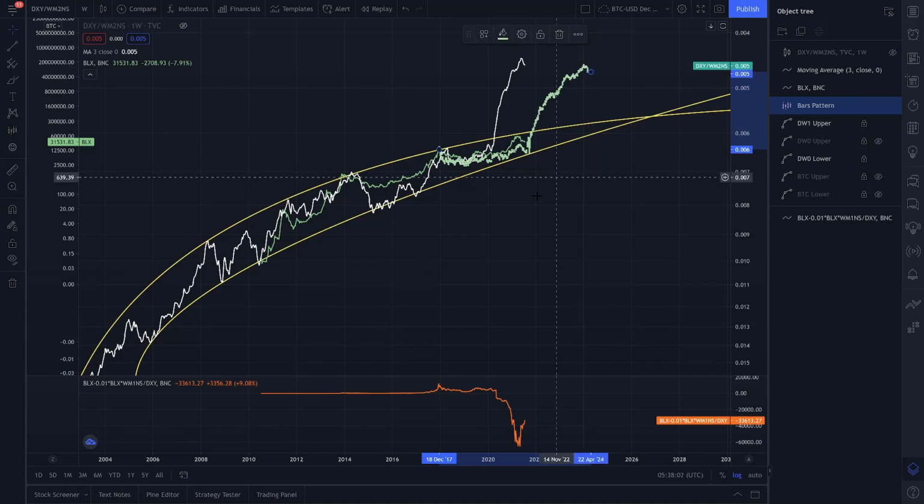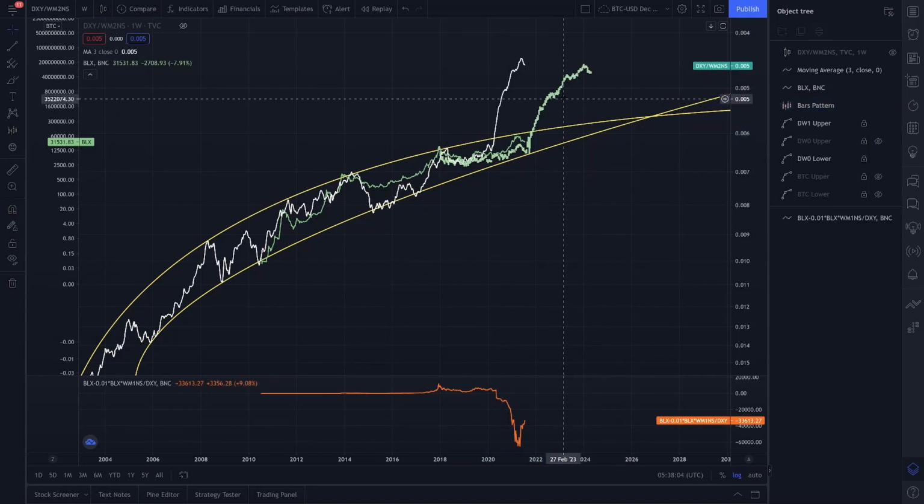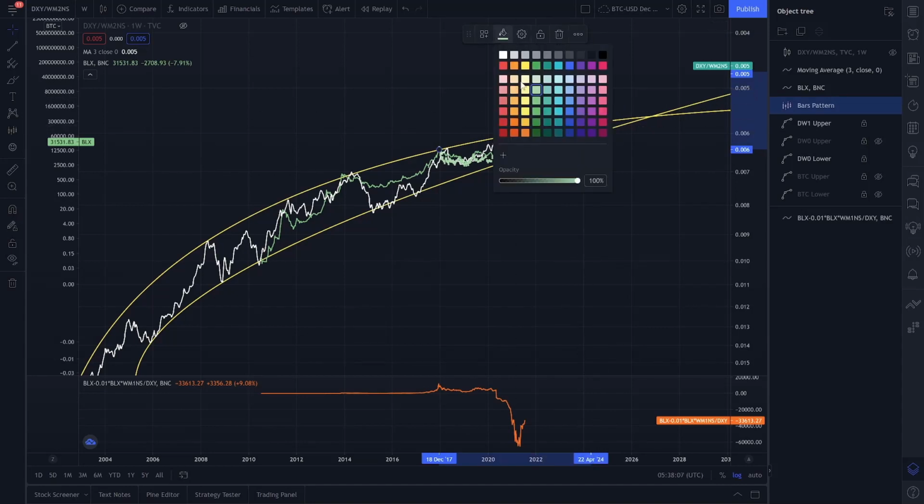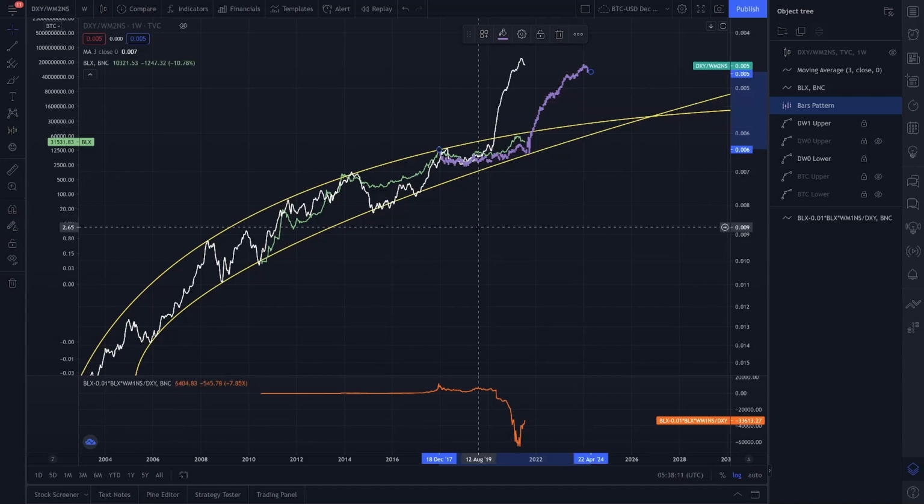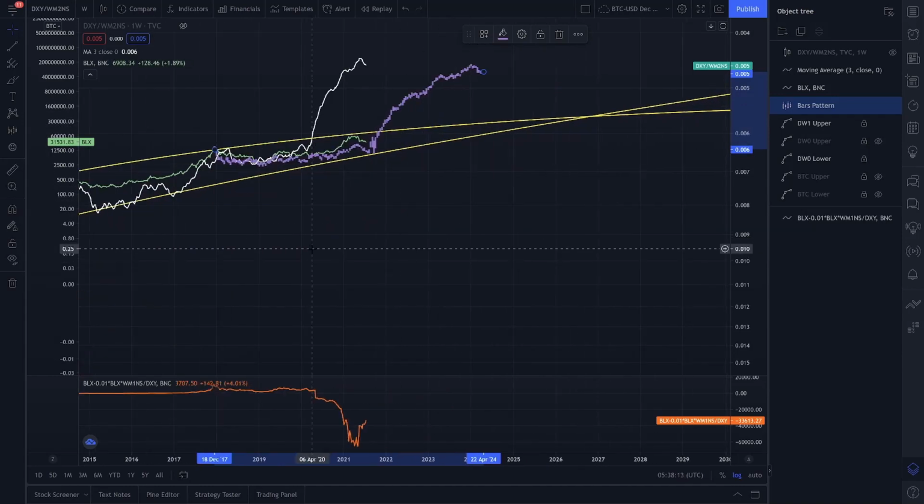Alright, now might change the color on this. Go with purple, and let's zoom in a bit.